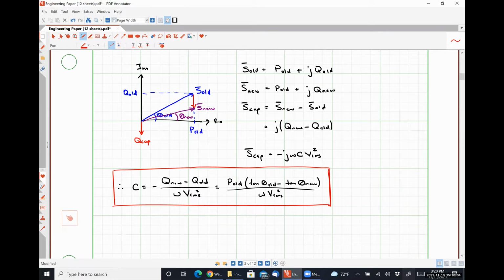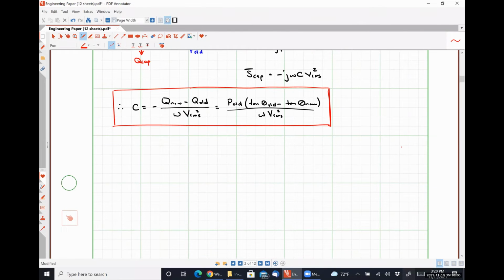So, as an example here, let's say that we have the following system.